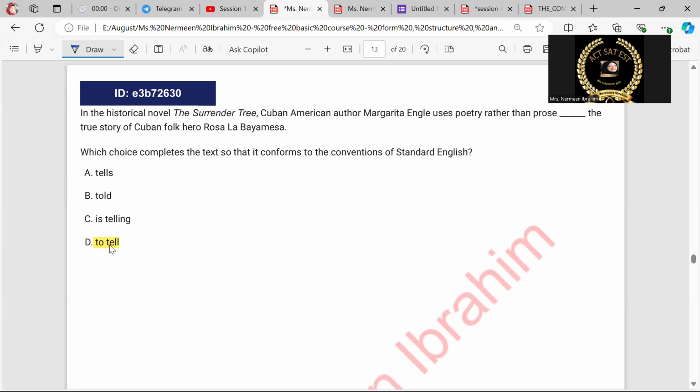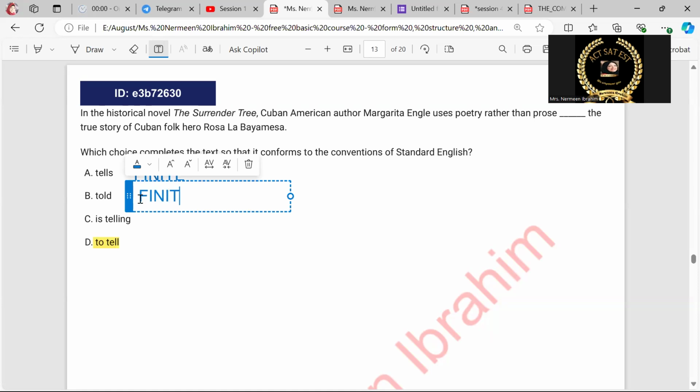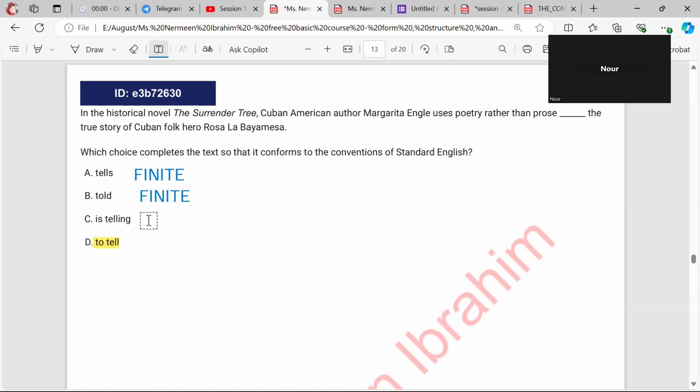We have to tell whether it's finite or non-finite. I don't know. Listen, finite is a verb that has a tense, that makes a main verb. You didn't study the previous session? No, I did, but I forgot. Okay. So "he tells" makes a main verb and gives a tense, so it's finite.